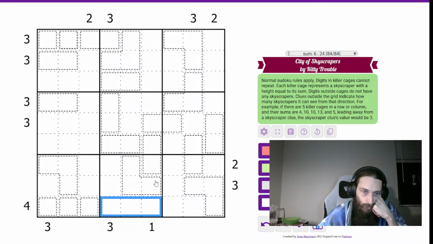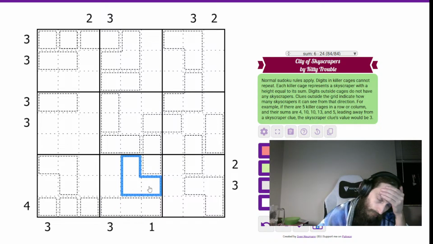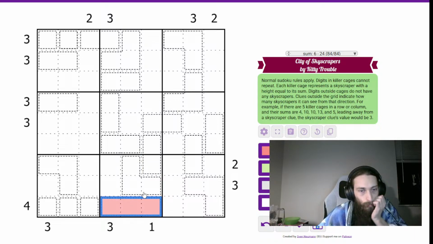Now this is larger than this one. This one is larger than this one. So this one's the biggest, then this one's smaller than red. Blue is smaller than yellow, and then green is larger than yellow.